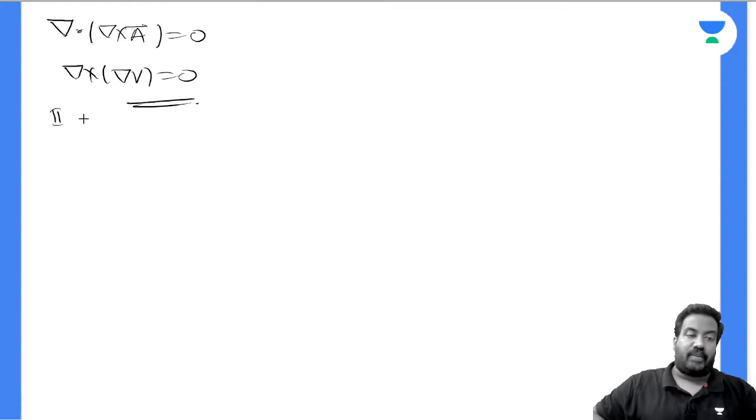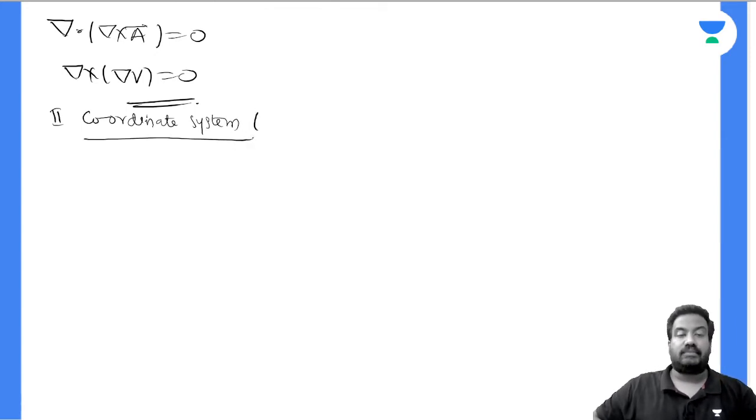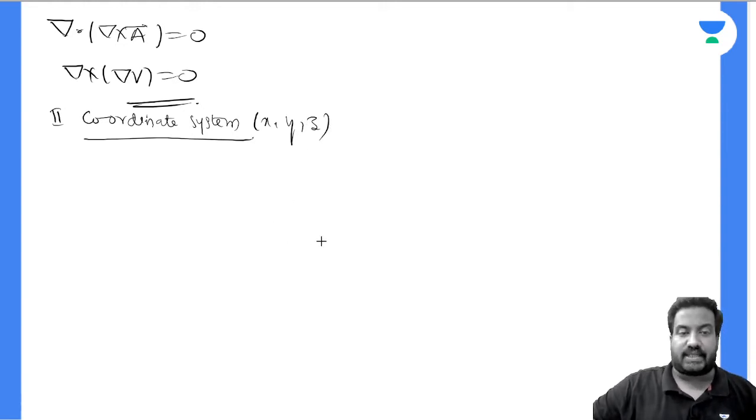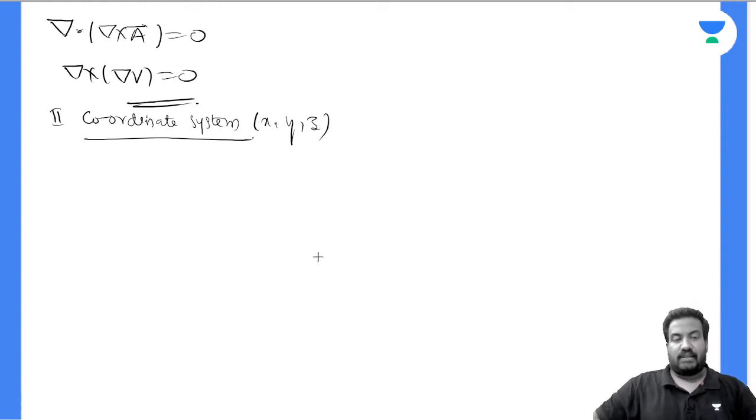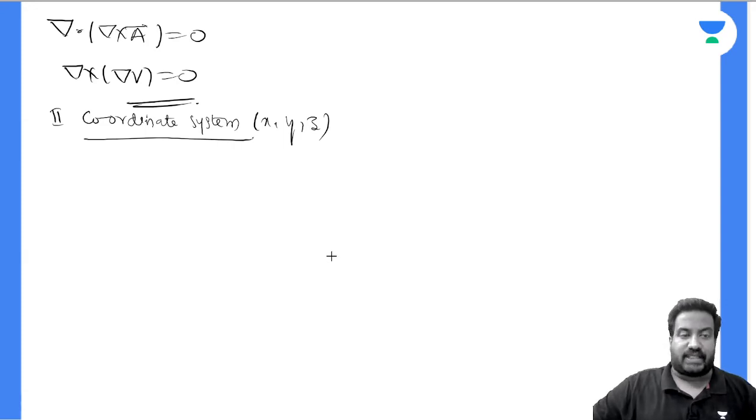In the second part of the basics, we had seen coordinate systems. Coordinates are very simple, x, y, z coordinates. Therefore, the limit is also very simple.